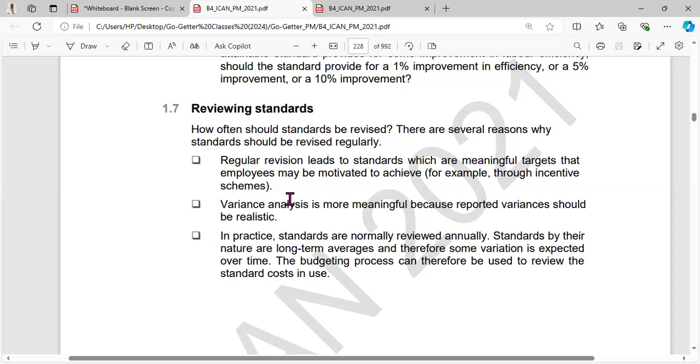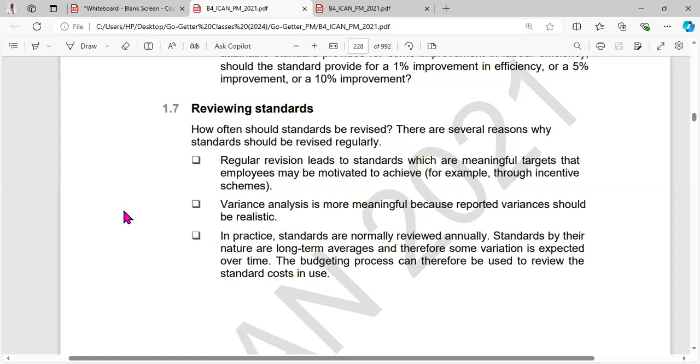How often should you review labor rates? Especially you know that you are going to be giving them incentive schemes. How often should you review your labor? In practice, standards are normally reviewed annually.